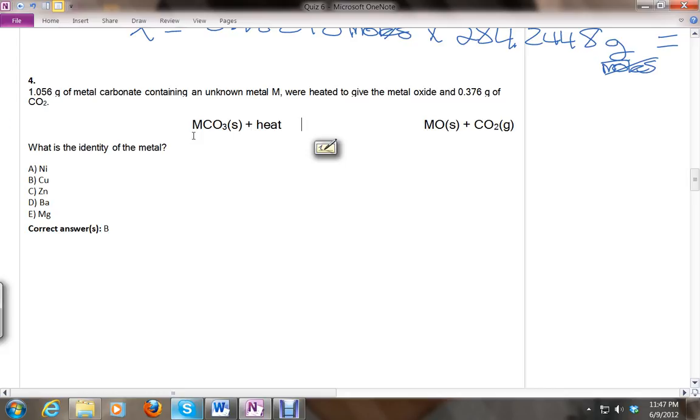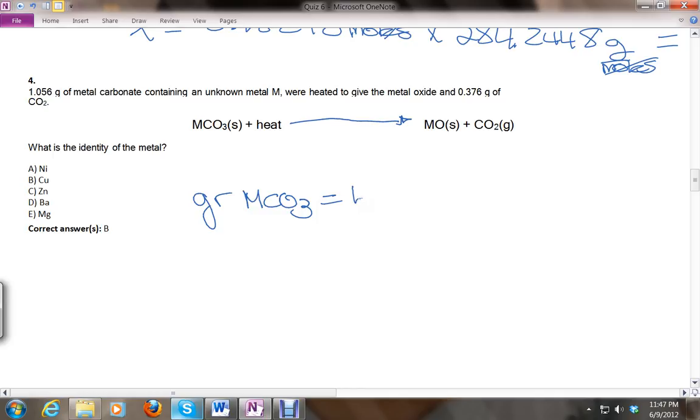The carbon is going to come from the CO3. One oxygen comes from here and the other two from here. And they're giving you the grams of the MCO3, which is 1.056, and they're giving you the grams of CO2.